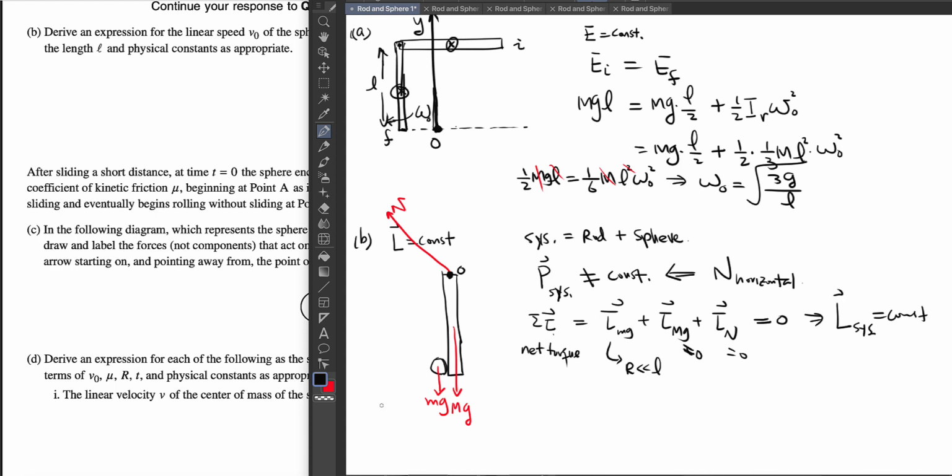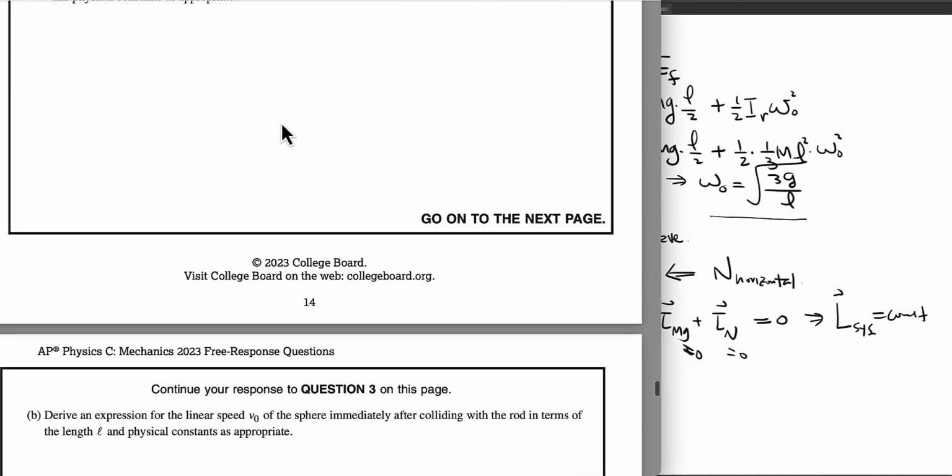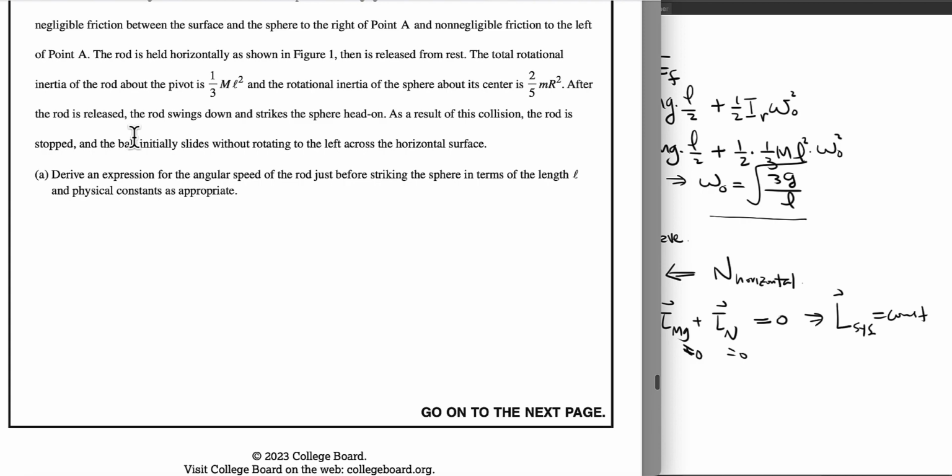Now with that, let's write down the angular momentum conservation. Before the collision, the angular momentum of the system is due to the rod rotation, so that will be I rod times omega naught that we wrote down earlier. That equals the final angular momentum of the system. The final angular momentum of the rod will be 0, because the question says that after the collision the rod stops.